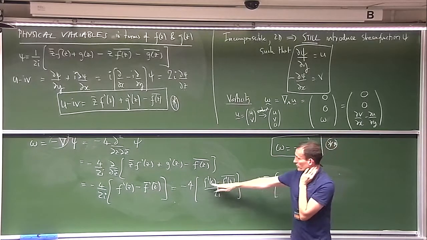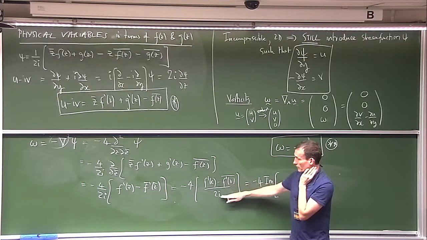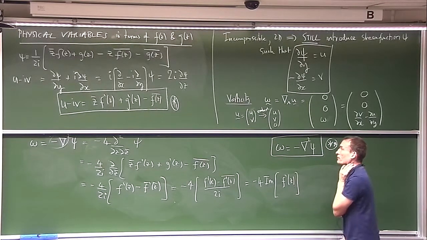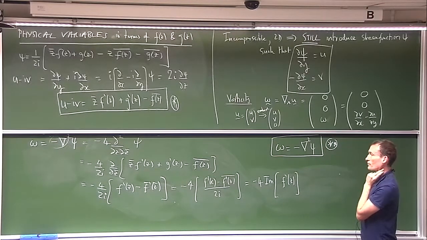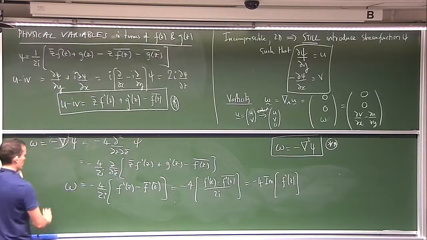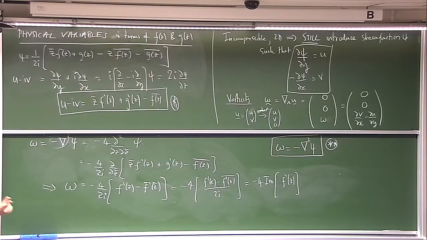You notice that this is just f prime minus its conjugate divided by 2i, which is the imaginary part. Okay, so omega is minus the imaginary part of 4 f prime.